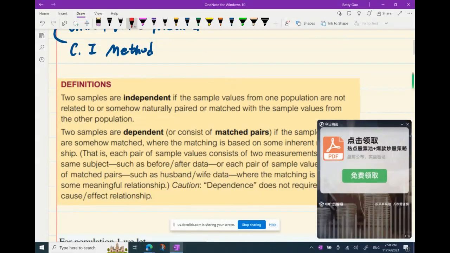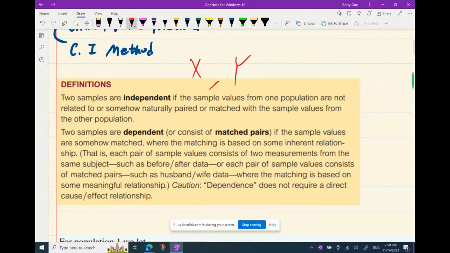I like to use two variables to represent the two populations, like x and y. Sometimes I use x sub 1 or x sub 2. So if the two populations are independent, then S1 is from the first population, S2 is from the second population. They must be independent, in the sense that the values from population 1 and the values from population 2 are not related or somehow paired or matched.